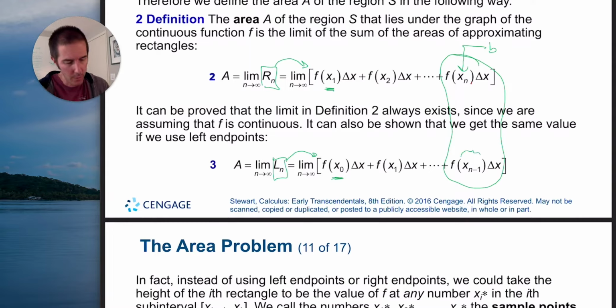This x coordinate right here is b minus delta x, because it's the left edge of the rightmost rectangle. The x coordinate of the left edge of the rightmost rectangle is b minus delta x.